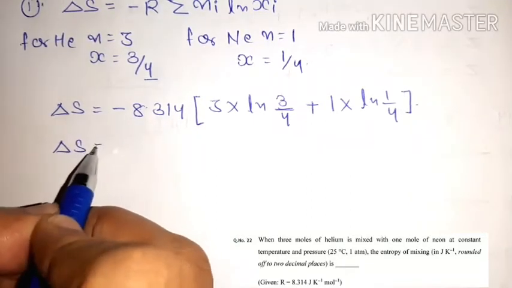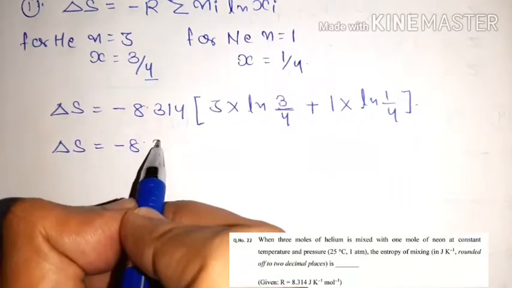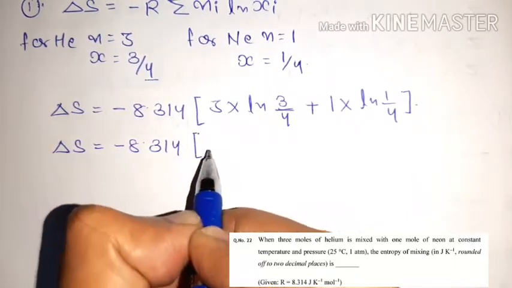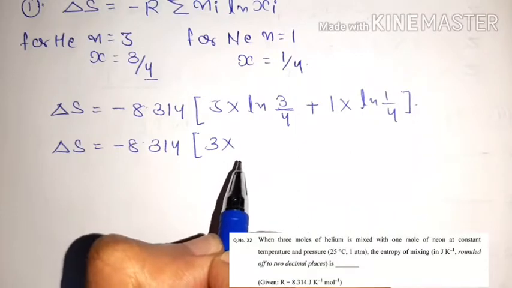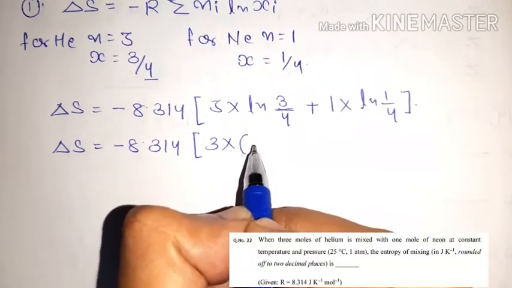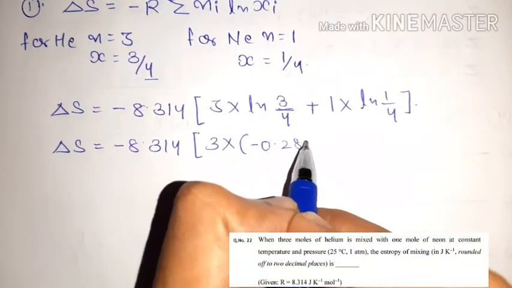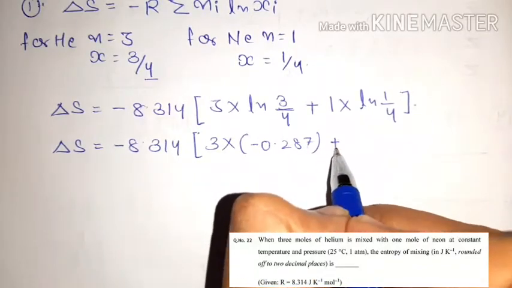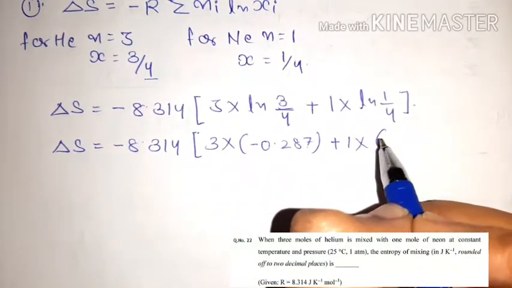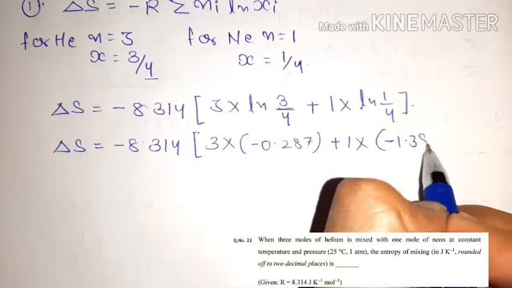So delta S is equal to minus 8.314 into, the value of ln 3 by 4 is minus 0.287, plus 1 into the value of ln 1 by 4, which is minus 1.386.